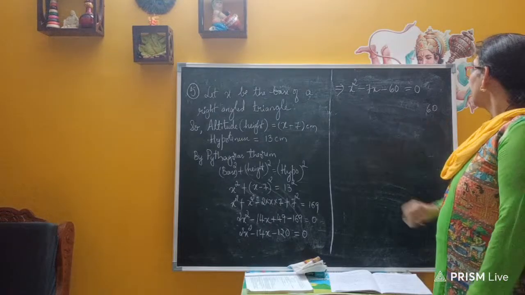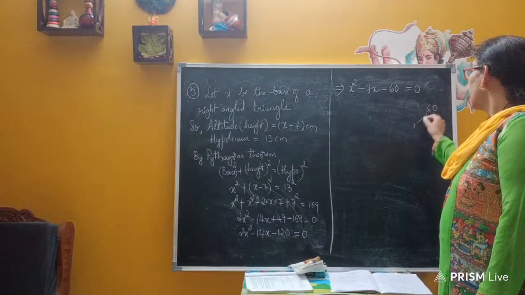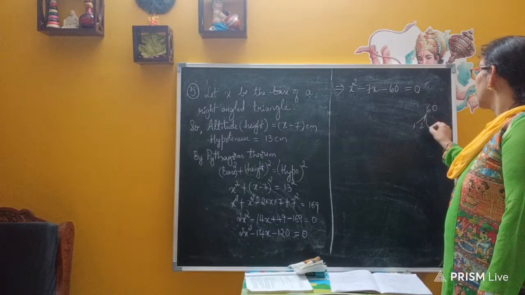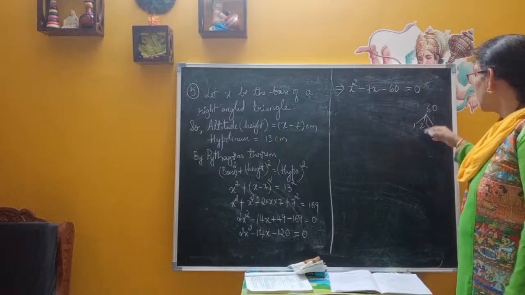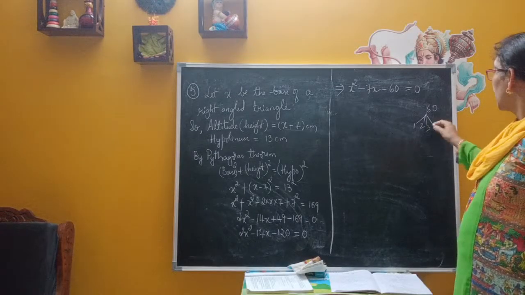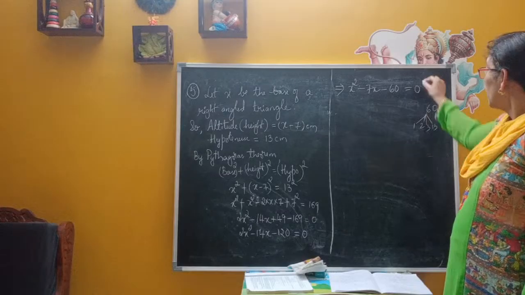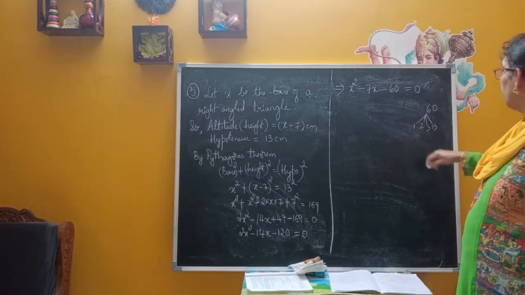Let us see, which are the factors of 60? Factors of 60 are 1, 2, 3, then 4. 4 15s are 60, or you can factorize as usual, as I had shown in the previous problem.